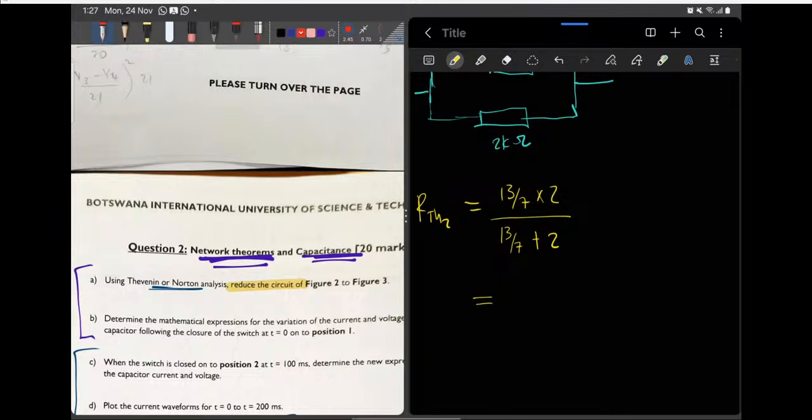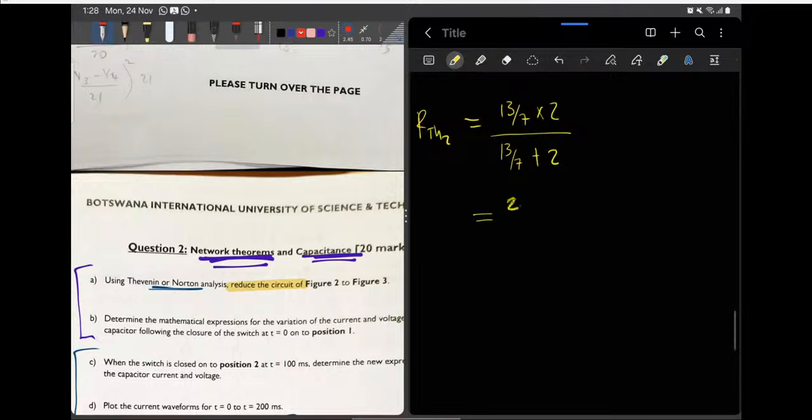So it's going to be 13 over 7. Then we say this is times 2 over, in the denominator is 13 over 7 plus 2. You get 26 over 27. In here we're getting an answer. It's 26 over 27 kilo ohms.